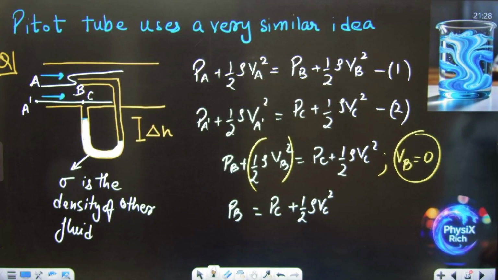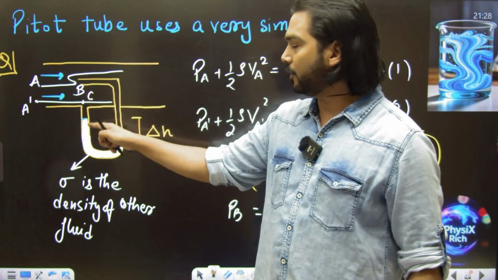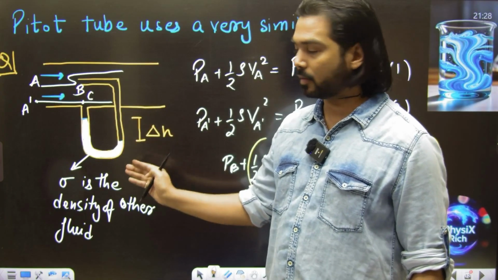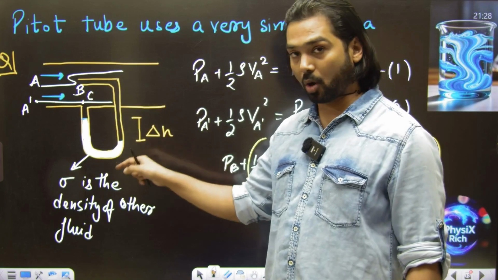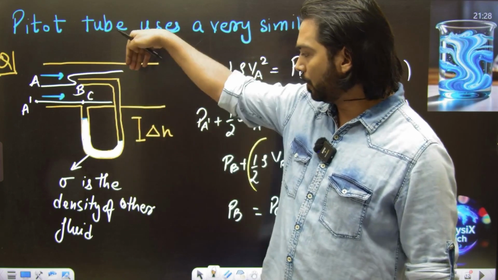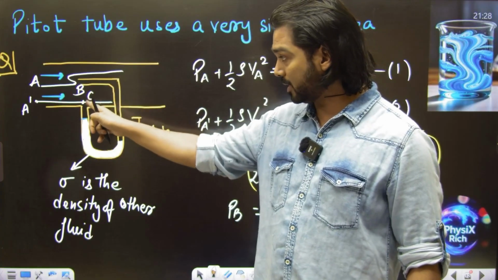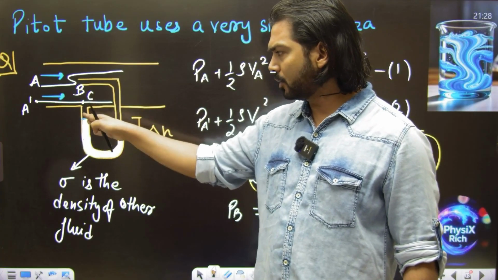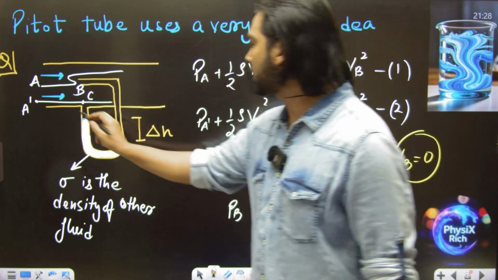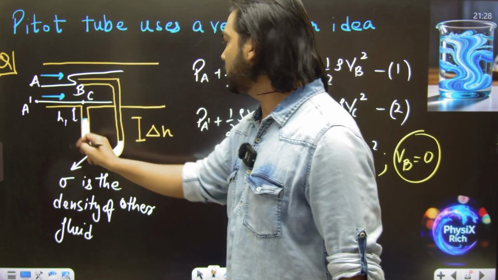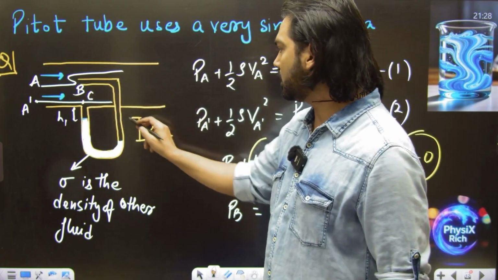Now, you see, guys, that because of these pressure values, what do we notice? We notice that a higher pressure inside this has caused this white fluid to be pushed downwards, whereas a lesser pressure on this side has caused this fluid to be pushed not so downwards. So let's say if this height is H1, pressure at C has only been able to push it by H1, whereas what is this?